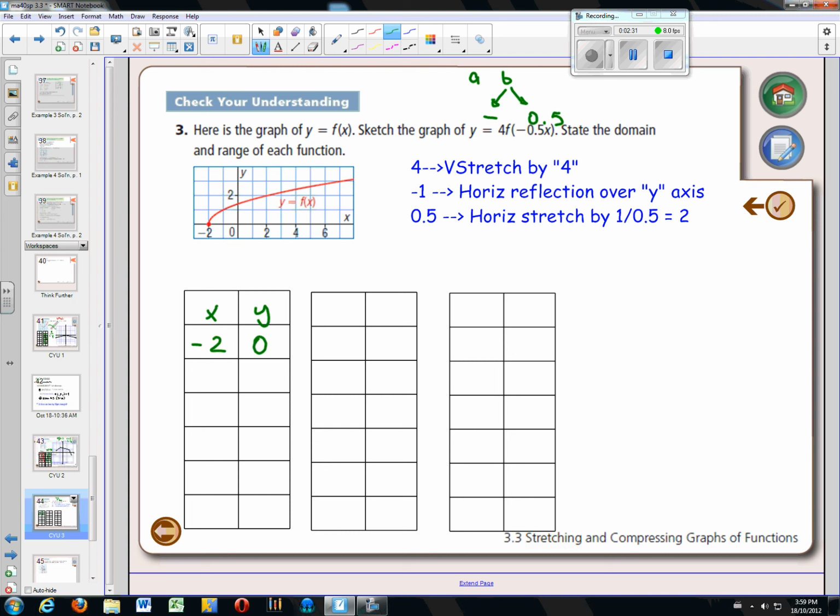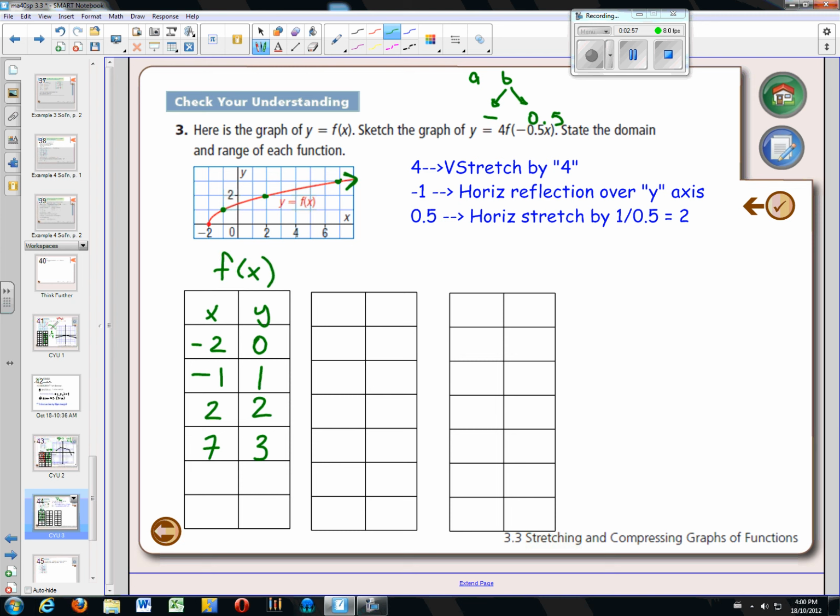I'm going to put an arrow on this bending ray. Another point: you see over here at negative 1, we have 1. Negative 1, 1. We have another point here that's right on the corner of a grid. That's the point 2, 2. And then up here, let's go to 7. We have 7, 3. Okay, that's f of x.